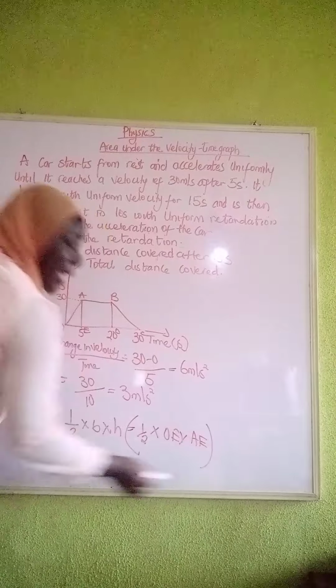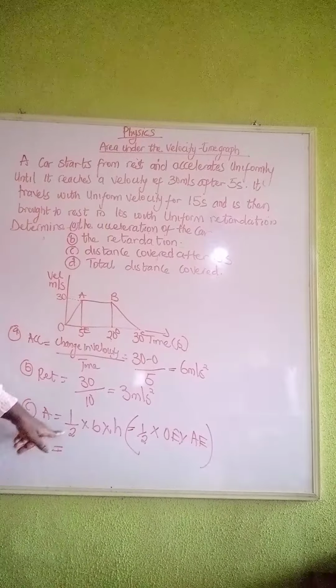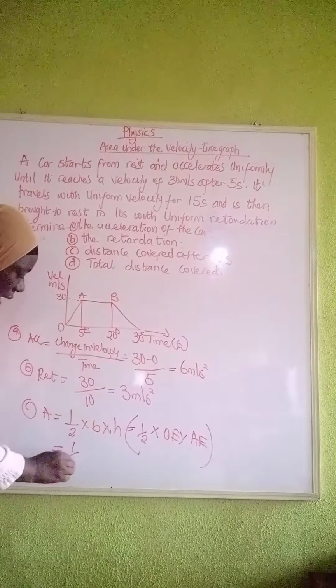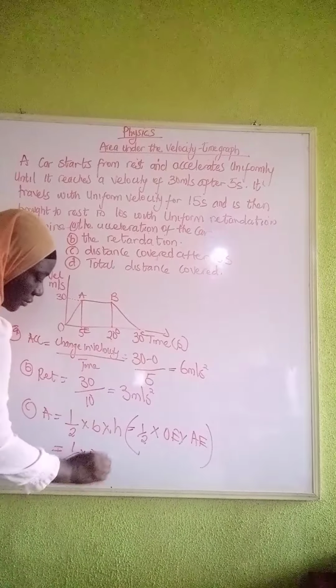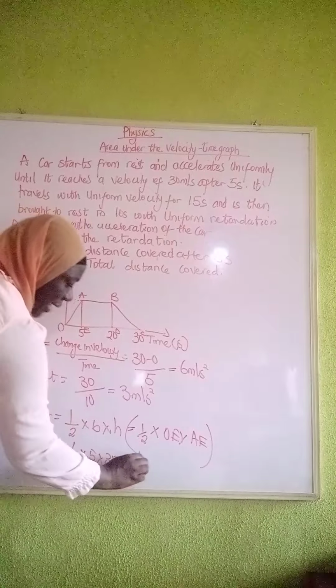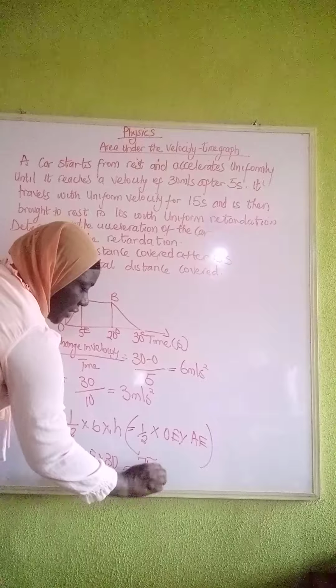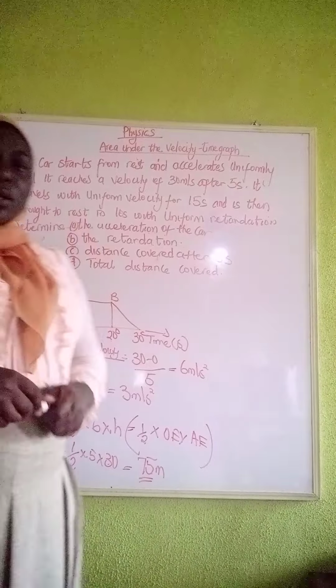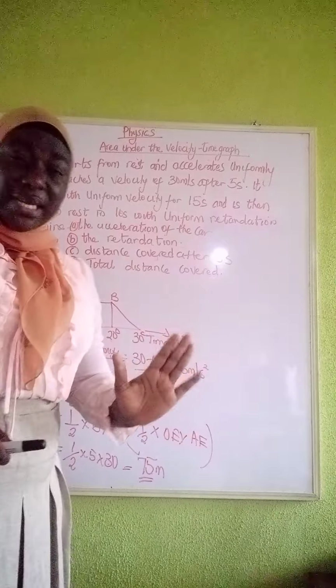So what is our base here? 5. And what is our height? 30. So half of 30 gives us 15. 15 times 5 gives us 75 meters, because it's distance we are looking for. Do you get that now? I hope you understand the illustration.